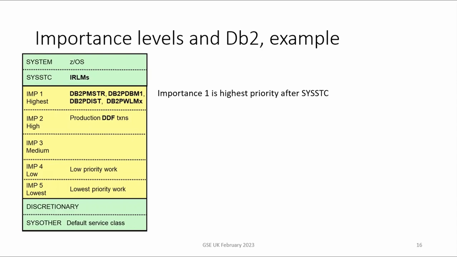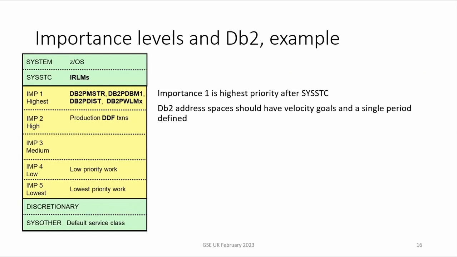So in general, I would expect to see production DB2s up in importance 1. And that WLMX, that's the address space that manages, or that at least starts, WLM stored procedure address spaces. So we want all of the DB2 address spaces to be together in the same service class with the same importance and a velocity goal.